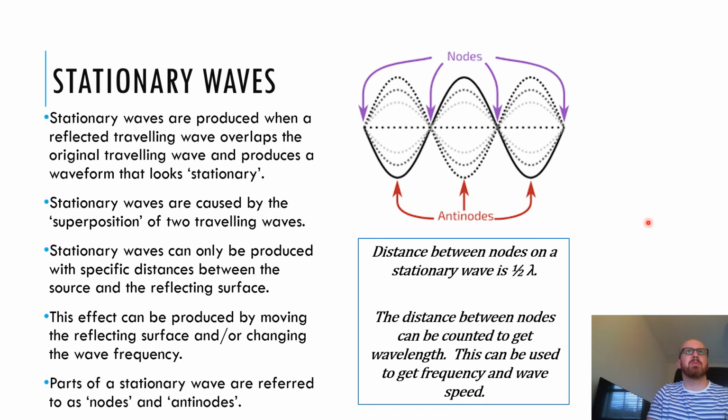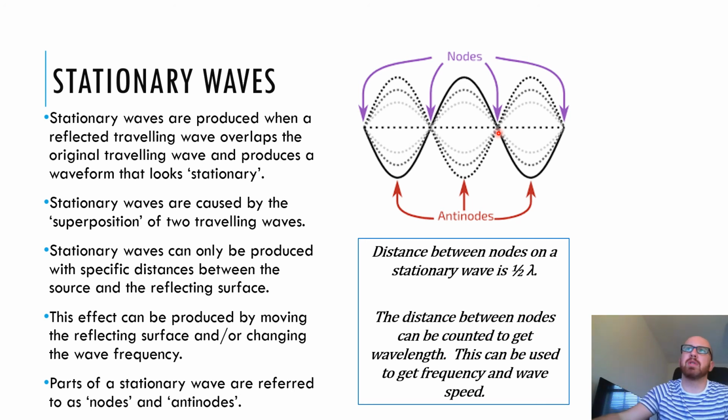So a stationary wave is produced when a reflected travelling wave overlaps the original travelling wave and produces a waveform that looks stationary. So a wave goes forward, reflects, and then bounces back. And what happens is you get these stationary points. If you watch the video animation with the electric toothbrush, which is attached to the assignment, you see the wave vibrating up and down.